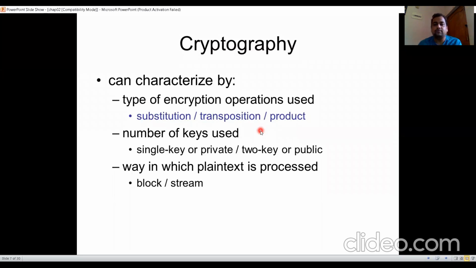If multiple characters go for encryption at a single time, it is called a block cipher. In a stream, a single bit or character is encrypted. In a block, multiple characters, such as 32 bits, 64 bits, or 128 bits, are encrypted at a time. So there are two types of basic operation.